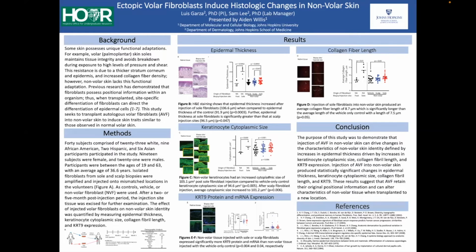Our research focused primarily on fibroblasts, and fibroblasts are the cells within our skin that produce collagen fibers. And as I stated earlier, volar skin is characterized by increases in collagen fiber density. It's also known that fibroblasts retain positional identity when transplanted and engrafted.